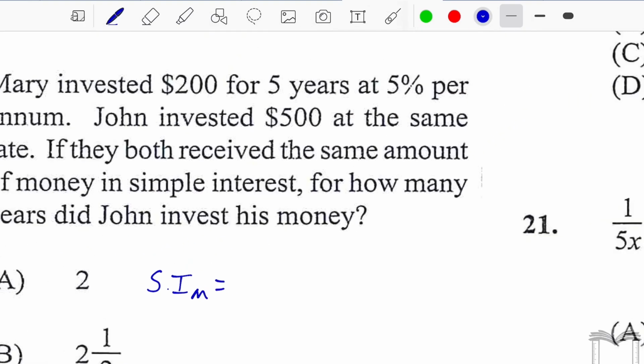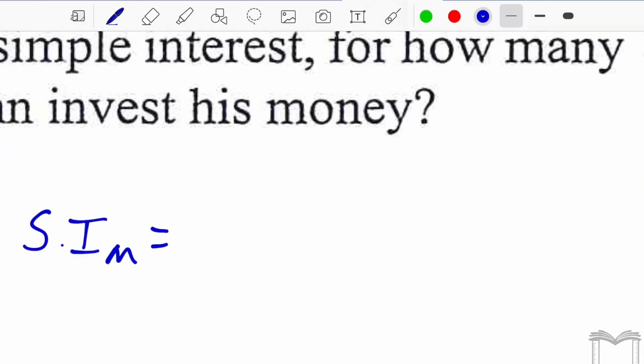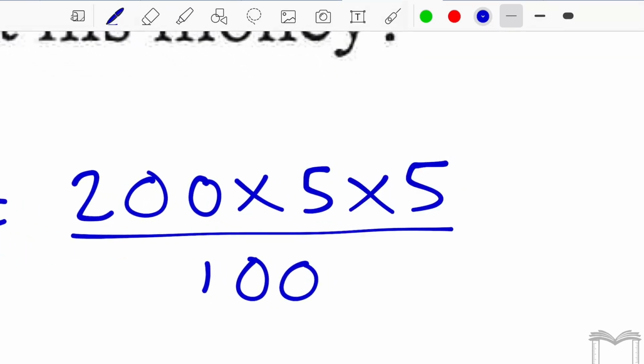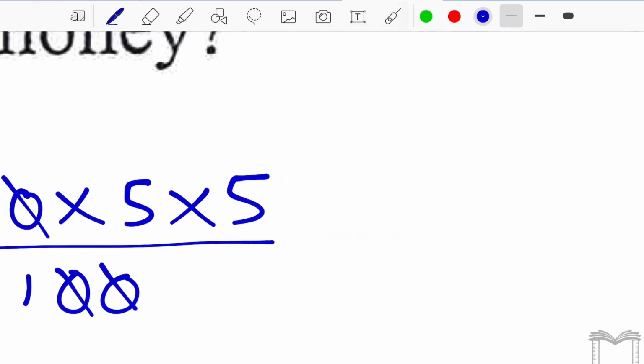We know that simple interest is principal by rate by time. So that's 200 by 5 by 5, all over 100. So we cancel the 2 zeros below with 2 zeros on top. 5 5s are 25. 25 by 2 is 50.